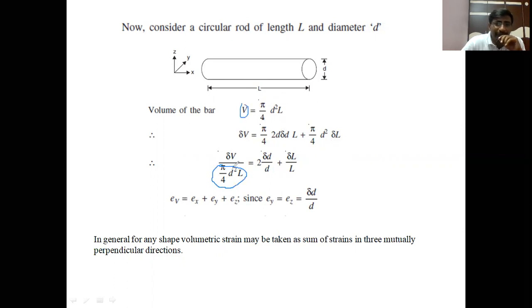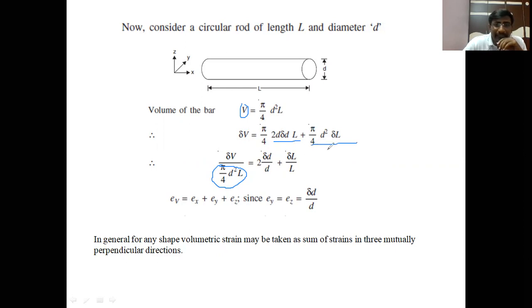So delta V by V on the left hand side. If we divide the right hand side by pi by 4 d square L, pi by 4 gets cancelled, and in the first parameter, d square L, one of the d is cancelled, and the remaining parameter is 2 delta d by d.